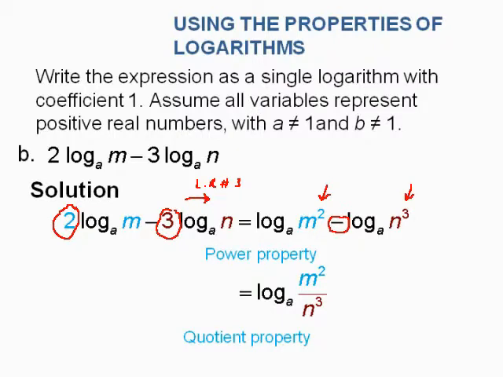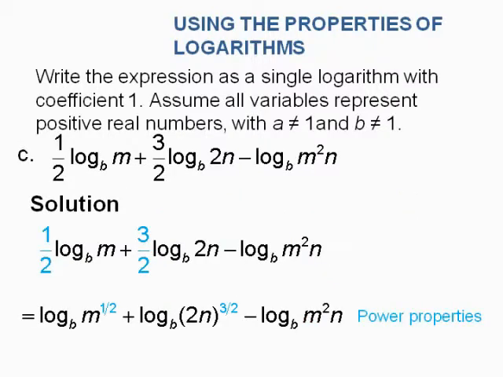And then with this minus sign, we're going to use log rule number 2. So they're going to get you coming and going on those 3 log rules. Can you take them apart? Can you put them together in terms of a single logarithm?